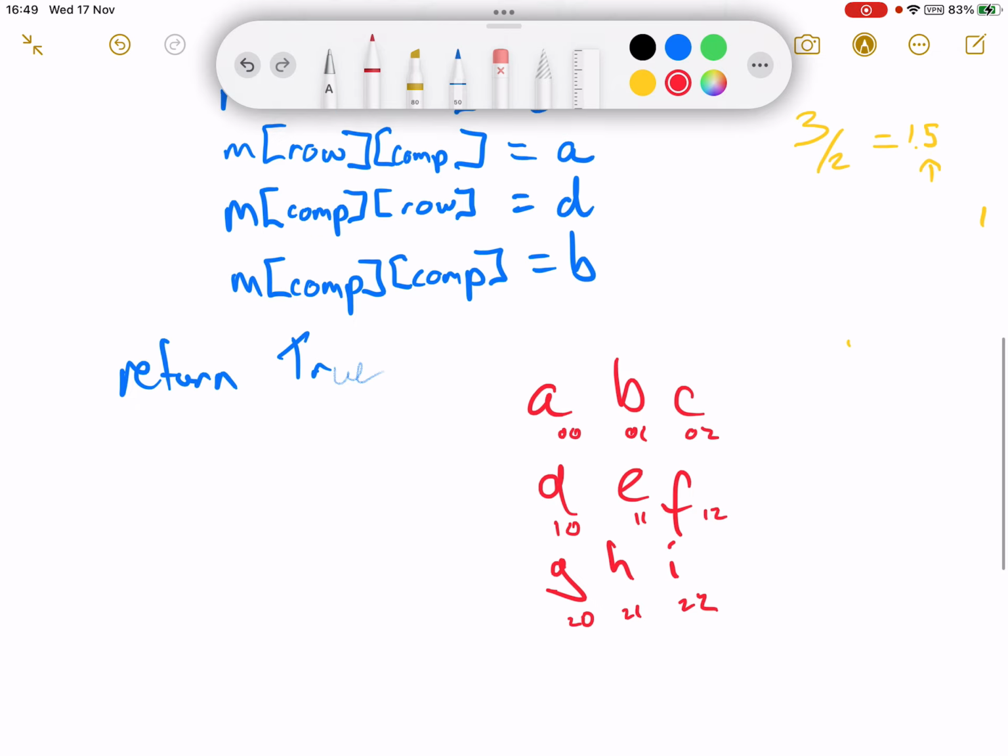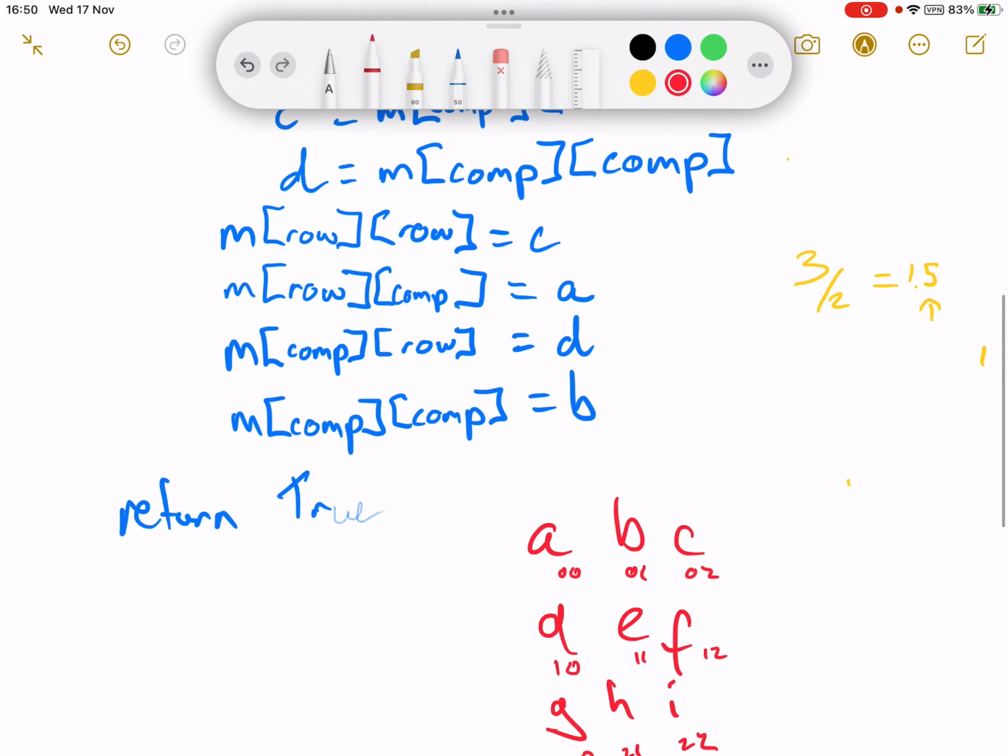No. Actually, because row is now 1, right? 1, 1 is here, but we don't want that 1, 1.